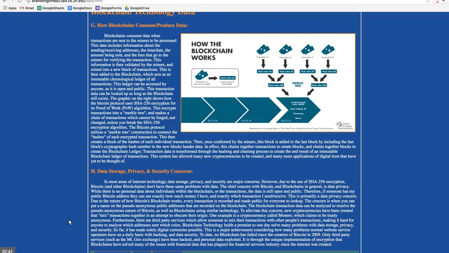However, there are problems with third-party services, such as when the Mt. Gox exchange famously collapsed and was hacked and personal data was exploited. It is through the unique implementation of encryption that blockchains have solved many of the issues with financial data that have plagued the financial services industry since the internet was first created. So this is providing solutions, not more problems, to data storage, privacy, and security.